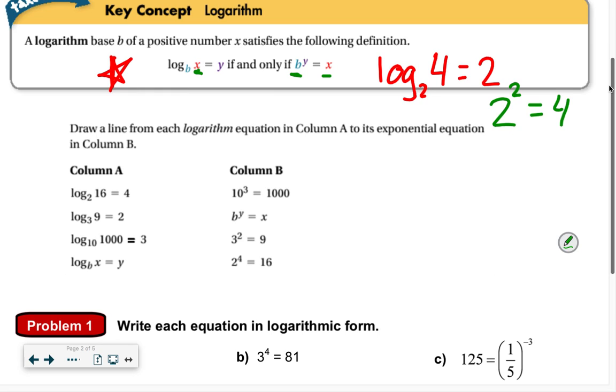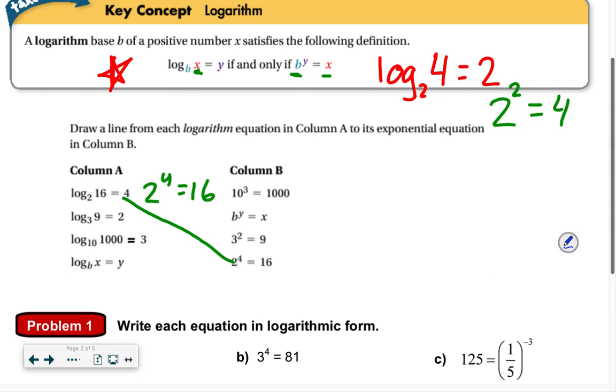Okay, so looking at log base 2 of 16 equals 4, what is my base? 2. What's my exponent going to be? 4. Is 2 to the 4th 16? Yep. So we got this answer right here. Okay. How about log base 3 of 9 equals 2?